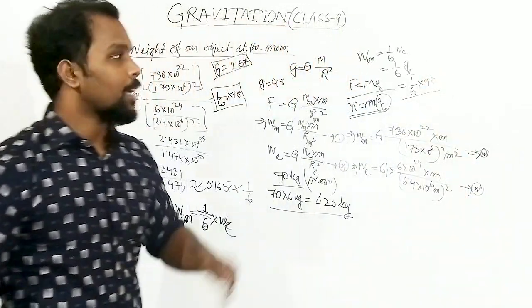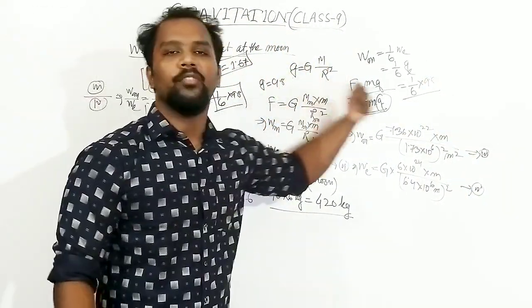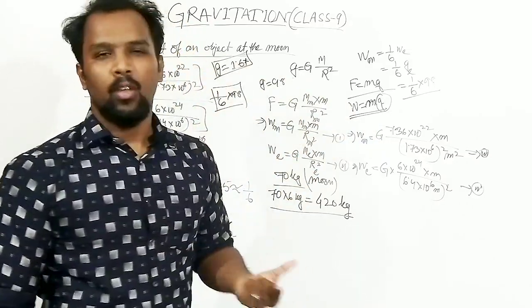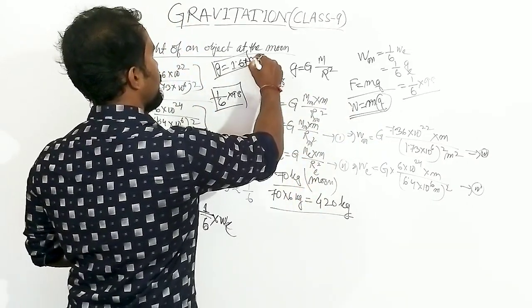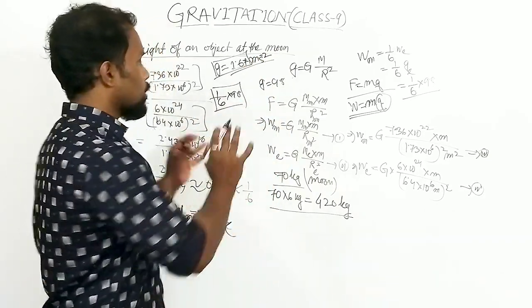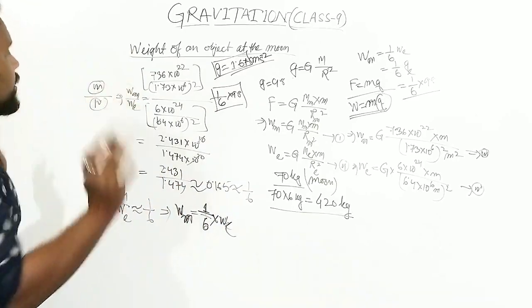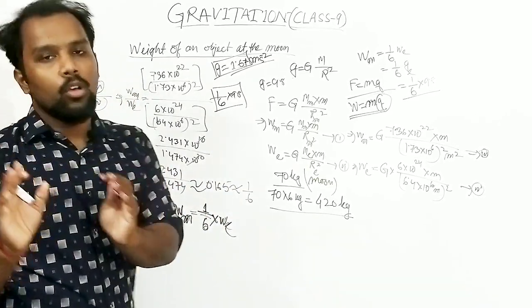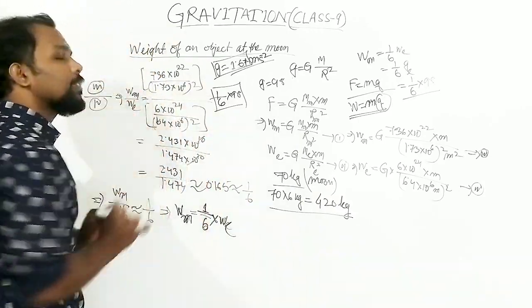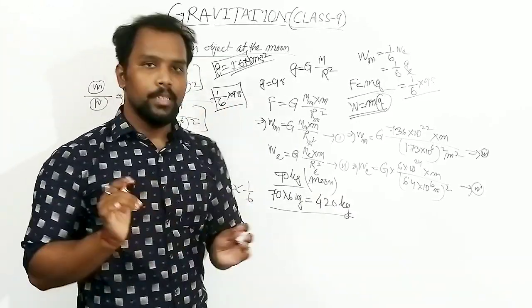I am showing this for your convenience. The value of g will almost be 1.67 meter per second square. I am just giving an approximate value, not an accurate value. So this is the concept of the weight of an object on the moon, and how it varies from the object's weight on the earth.